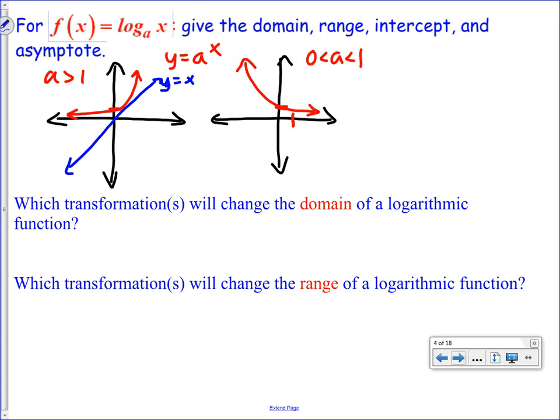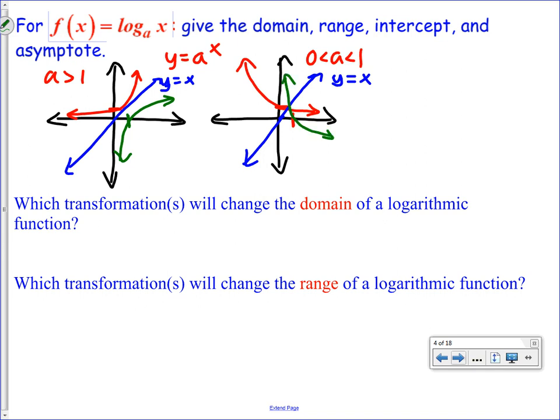So if I flip that graph over that line, I'm going to get this. And then over here, if I flip that graph over the line y equals x, I'm actually going to get this graph.